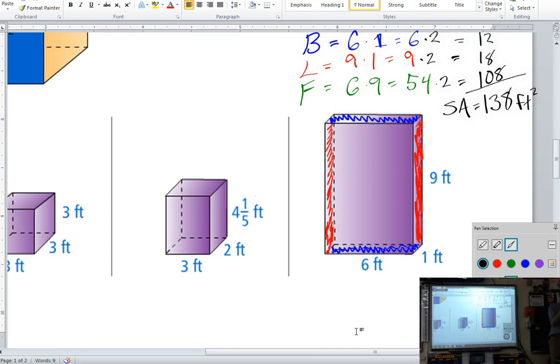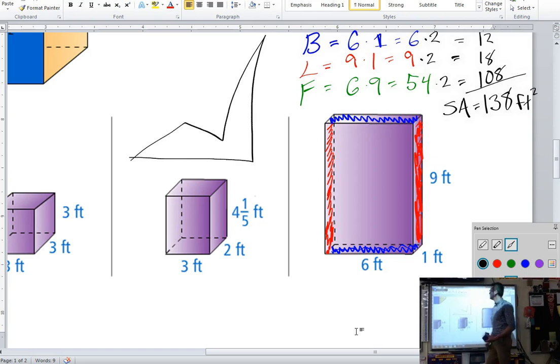What's it mean for a polygon to be regular? Why is this a regular pentagon? So I can draw another pentagon. Shane? The side lengths are equal, and the interior angles are all the same.